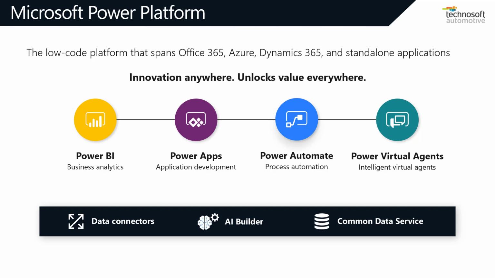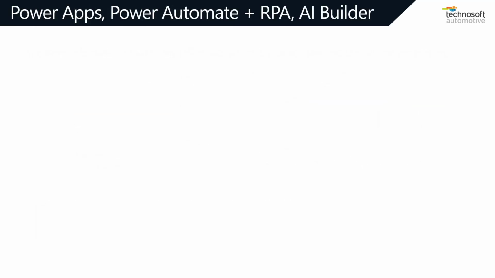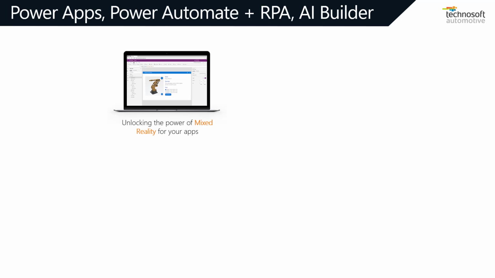So today, in this session, we will be focusing on 2 products, Power Apps and Power Automate, and how we can build modern applications and automation to increase our operational agility. There are some new features that I want to highlight during this session. The first one is mixed reality.